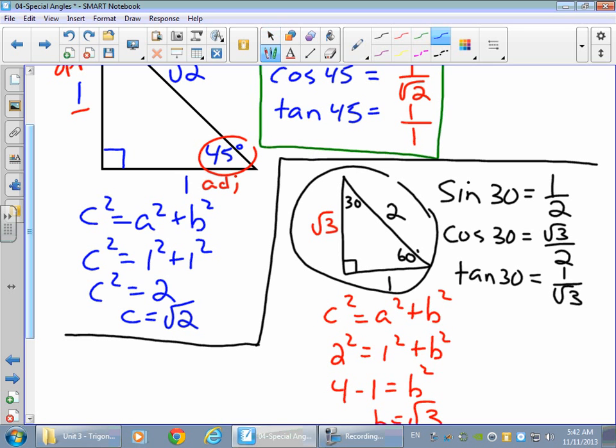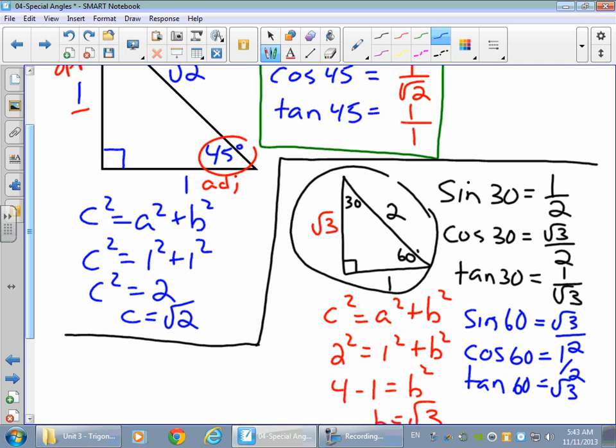And for the 60s, sine of 60 is going to be the root 3 over 2. Cos of 60 is going to be the 1/2. And tan of 60 is going to be the root 3 over 1, or just root 3.